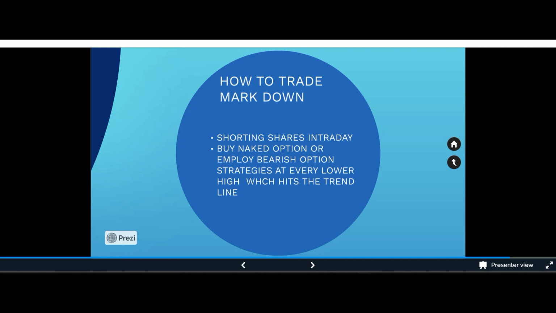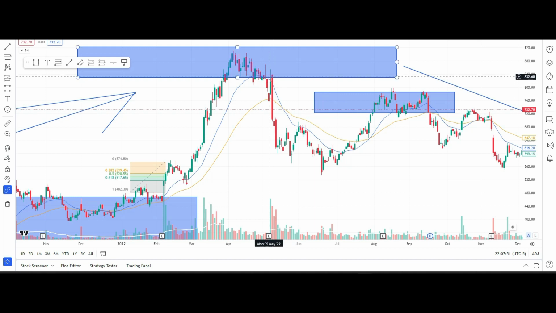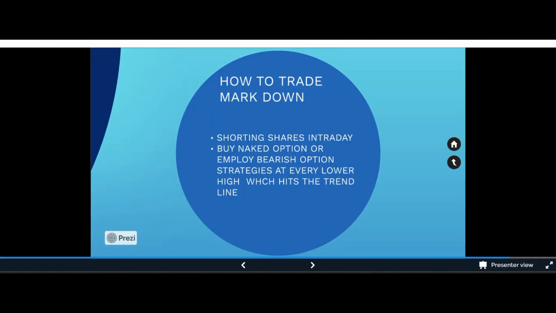But buying naked put options is another way to play out this phase. And then you can employ various option strategies, like whenever there is a pullback into the resistance zone, then you can do that actually.